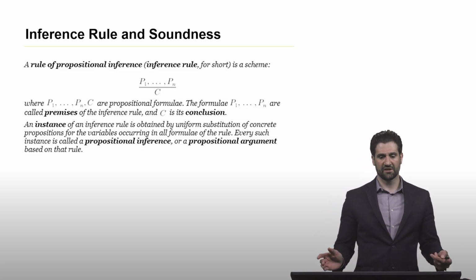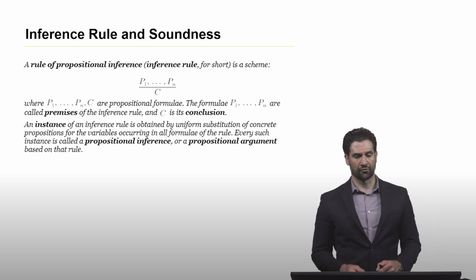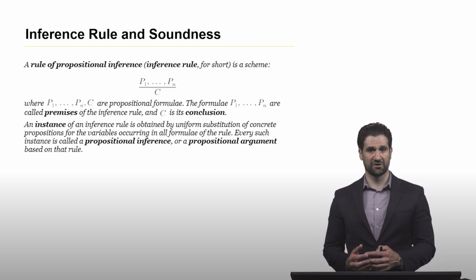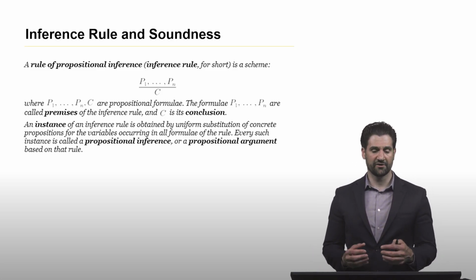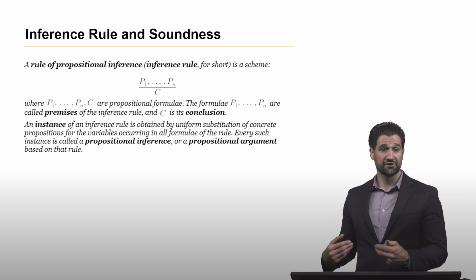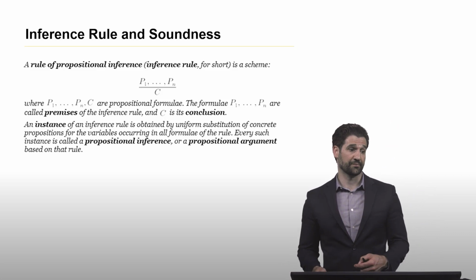So we have this idea of a proof rule or inference rule, where we maybe have some information that we know that, hey, given certain propositions that are true, something else will also be true.